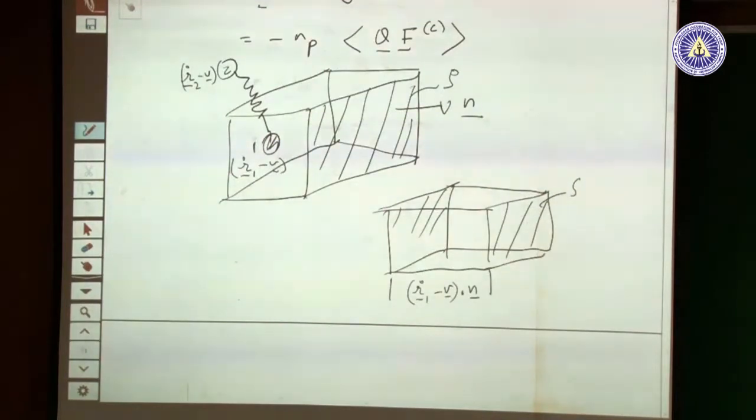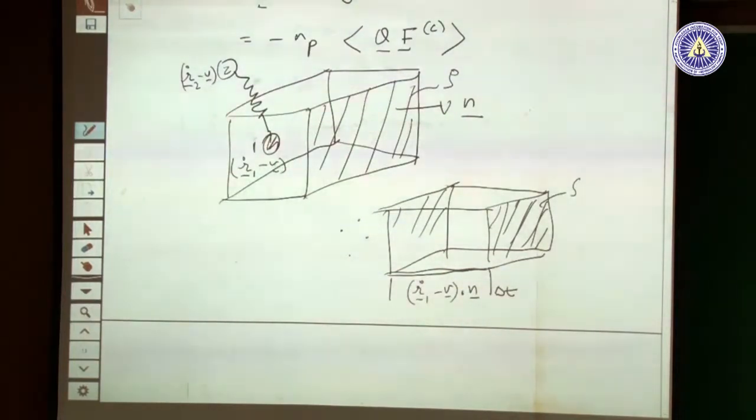Now, this velocity times delta t will be the distance travelled by bead 1 in time delta t. So, if you consider any beads that are outside this box, because they have gone r1 dot minus v dot n times delta t, they will not reach this surface, because this is that distance. Anything within that will go through the surface, anything outside will not make it in time delta t.